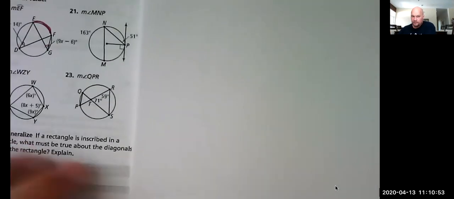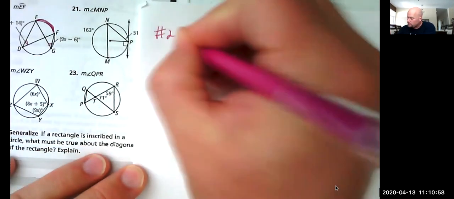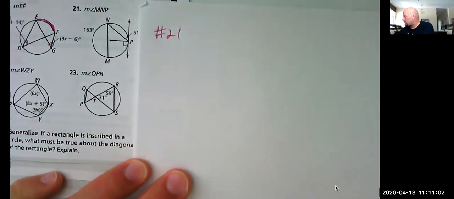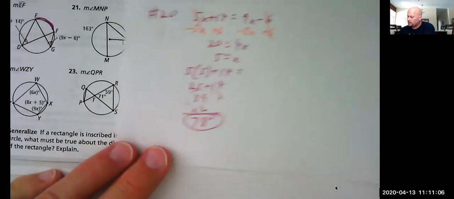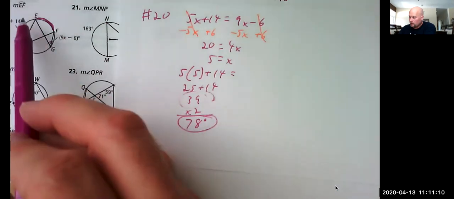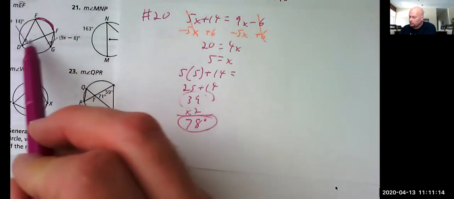Move that over. So on number 21 now, let me go back and explain that last one real fast because I think I might have cut that off the picture. I'm not 100% sure. So on number 20, again, these two angles intersect that same arc. So they had to be congruent.